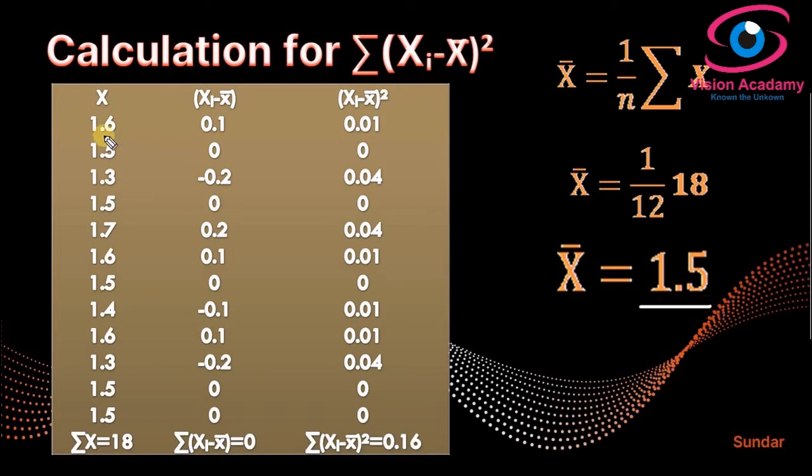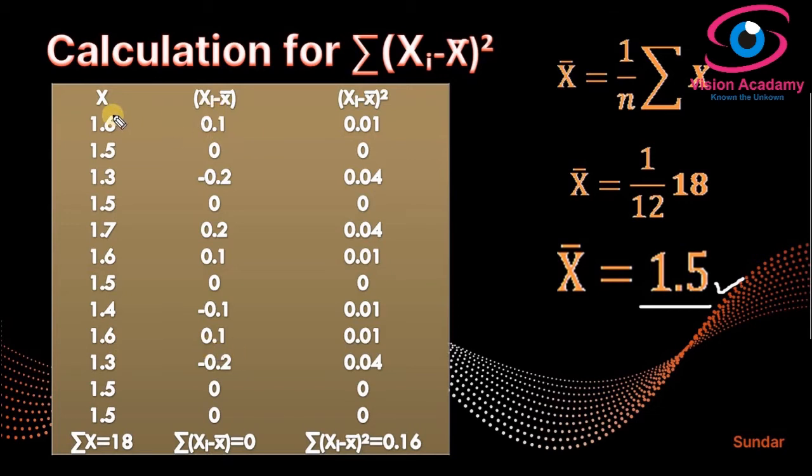Then let us subtract the x values. 1.6 minus 1.5 is 0.1, 1.5 minus 1.5 is 0, 1.3 minus 1.5 is minus 0.2, and the same for all the values I have done here. 1.5 minus 1.5 is 0, and 1.6 minus 1.5 is 0.1.